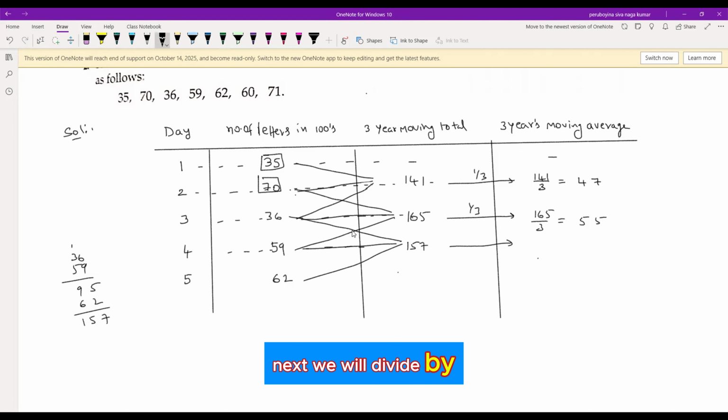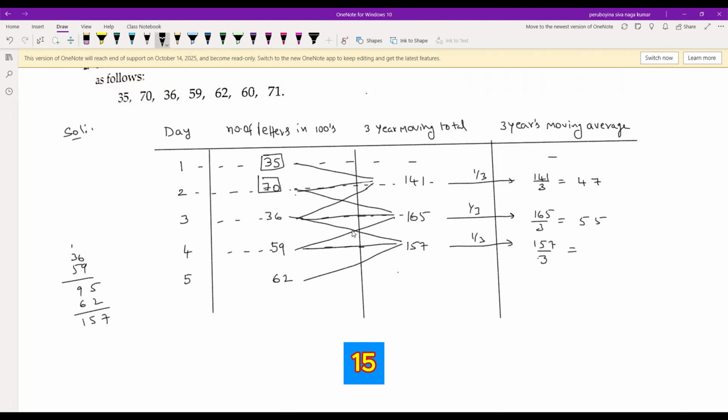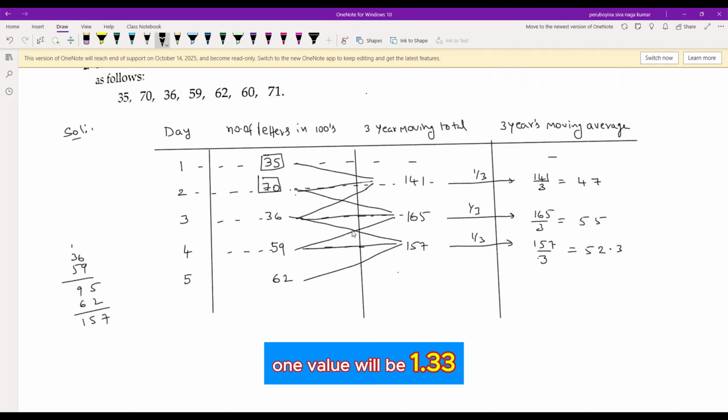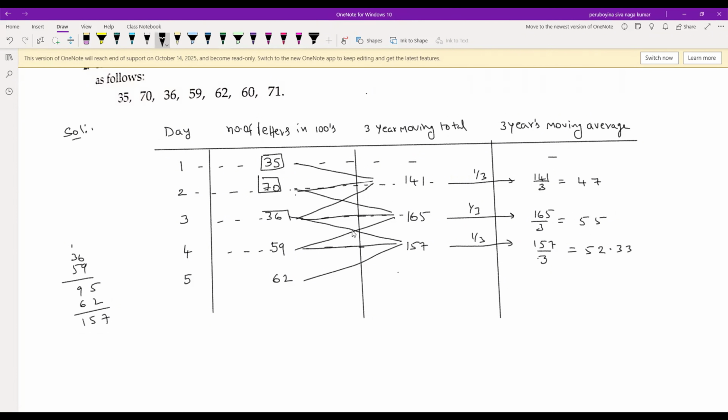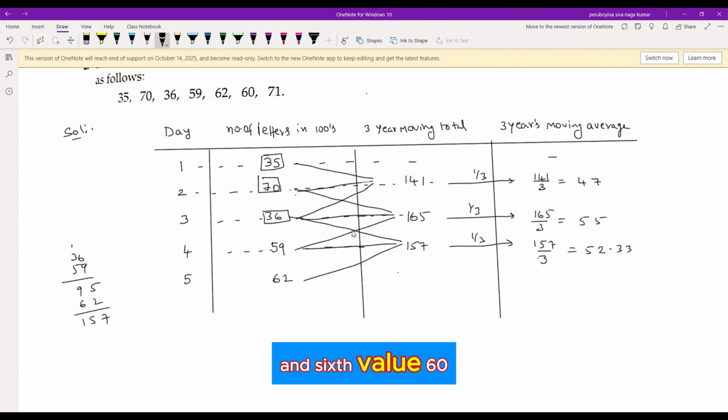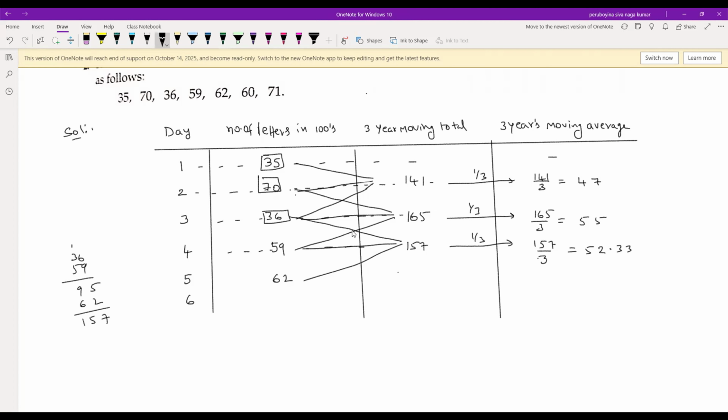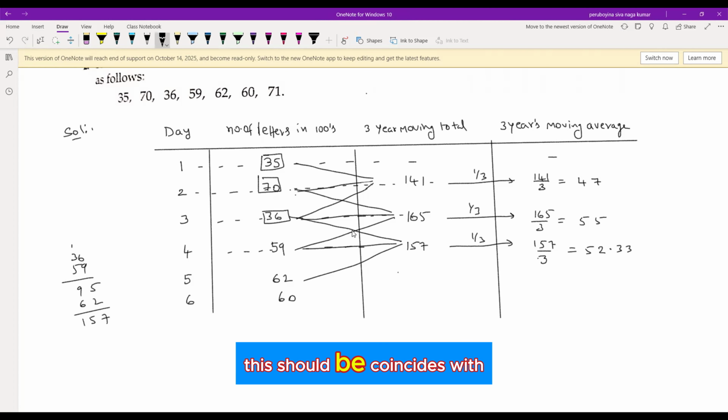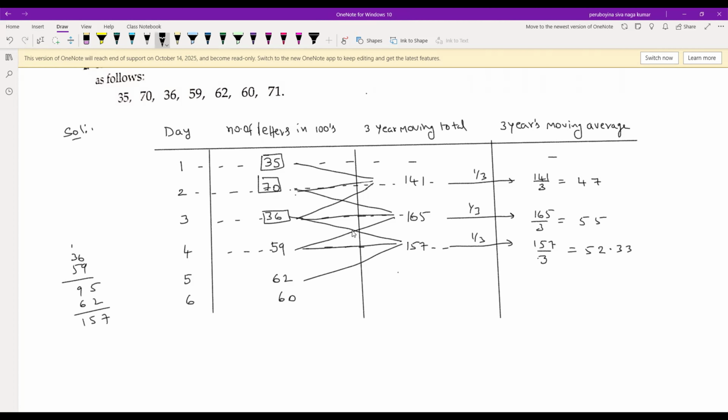Next, we will divide by 3. So 157 by 3: 5 3s are 15, 3 2s are 6, so the value will be 52.33. Place it against the third number. And the sixth value is 60. This should coincide with this number.